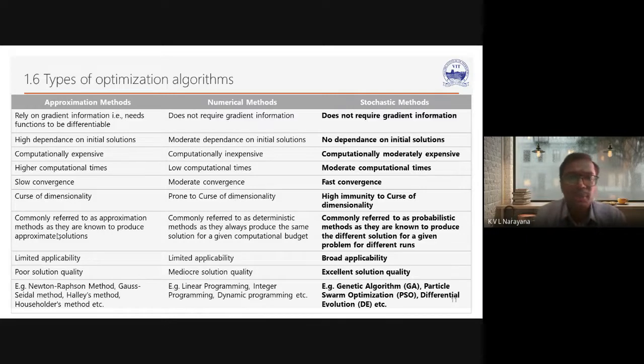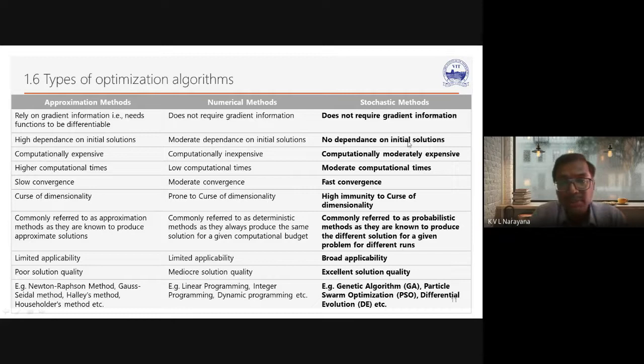If you see the comparison, the approximation methods have the problem of slow convergence. So it takes a lot of time to give the solution, and there is a curse of dimensionality. Suppose the number of decision variables of a function increases, then the approximation method may fail to give a good solution. That is the curse of dimensionality.